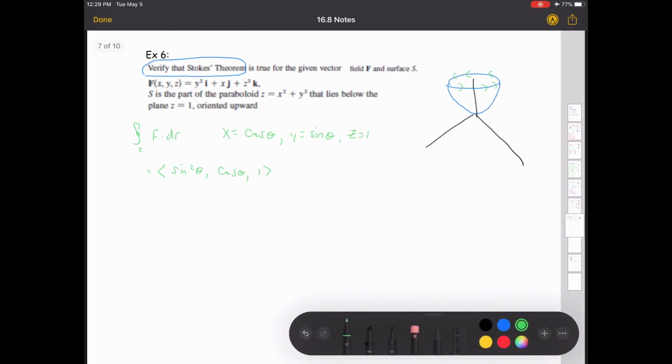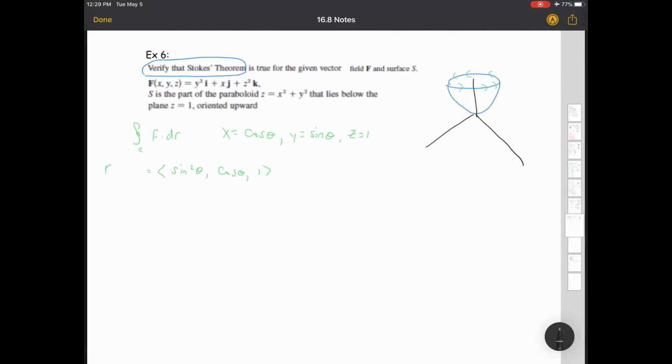So we're going to call that F of r of, in this case theta, not t. F of r of theta. Okay, we're also going to need the derivative of r, so we need r prime of theta. And remember, all this stuff up here represented r, so r prime is going to be negative sine theta, cosine theta, and 0. So there is r prime.